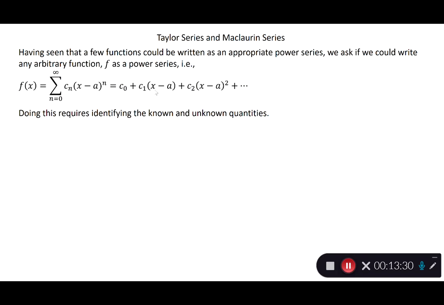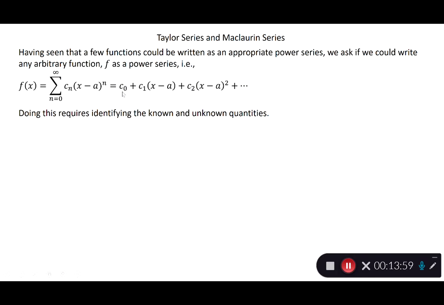Do you remember, while we were talking about power series, we said x is actually an independent variable. That means we can make it whatever we want within the domain, as long as x is in the domain of this function f. Yeah, we know x. So f of x is known, x is known, a is known.